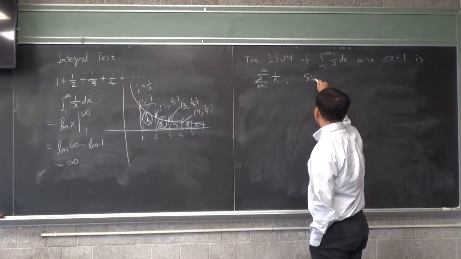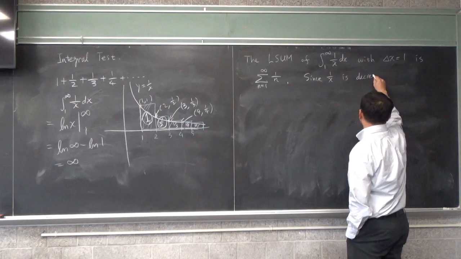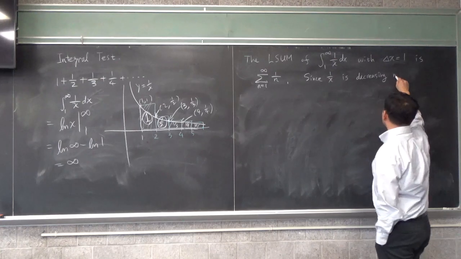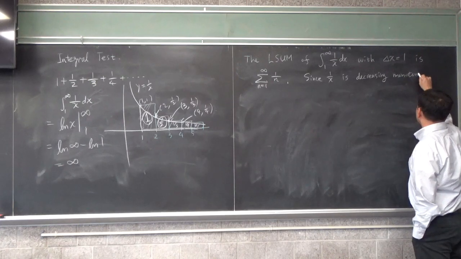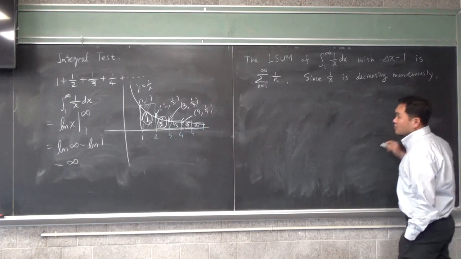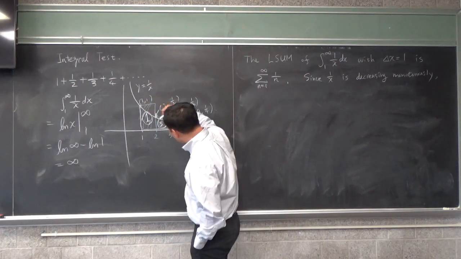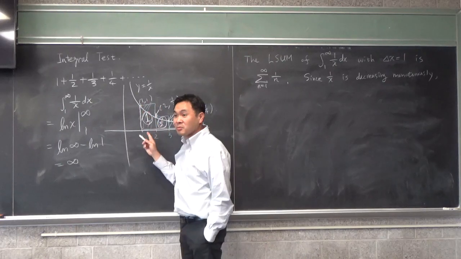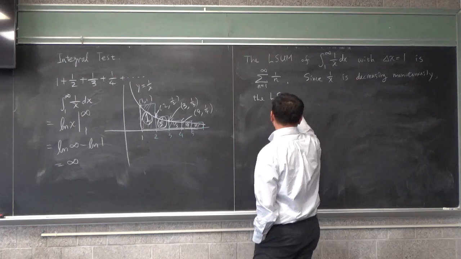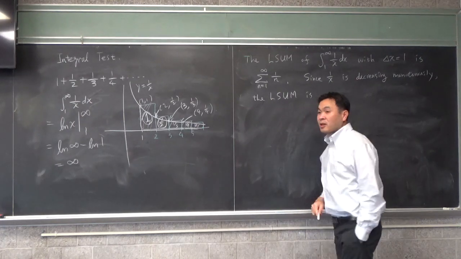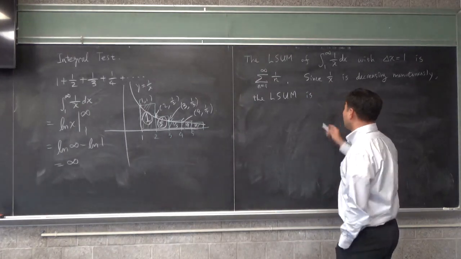Now since 1 over x is decreasing monotonously, because if it's going wild we can't say this, but if it's always decreasing and we're using the left sum, then the left sum is an overestimation or underestimation?